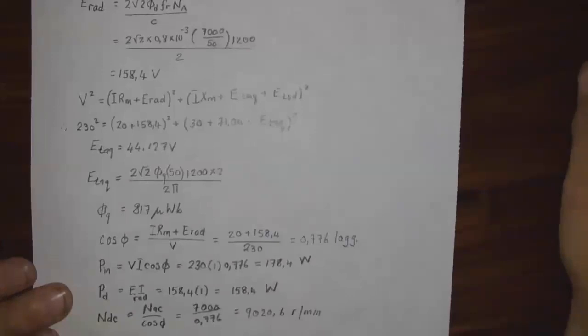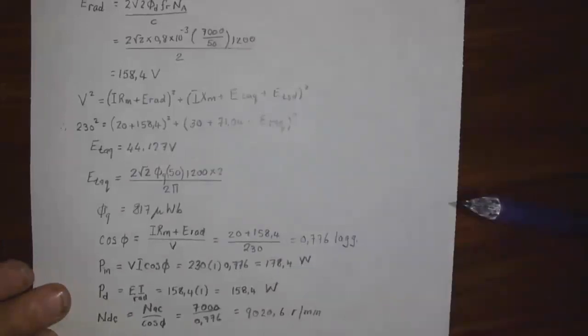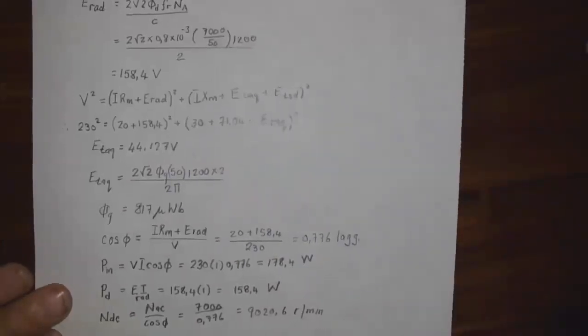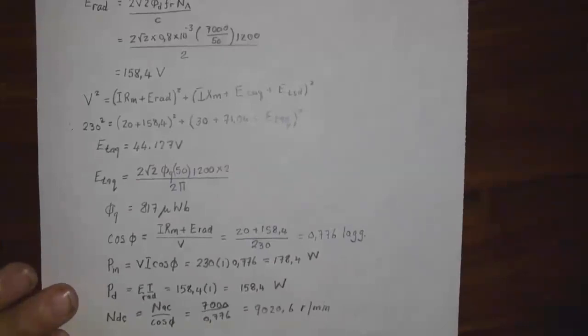Cos phi is (IRm plus E_rad) over V. That's 20 plus 158.4 divided by 230. That gives us 0.776 lagging. And the input power is V times I cos phi. That's 230 times the 1 amp times the power factor 0.776. That gives us 178.4 watts.